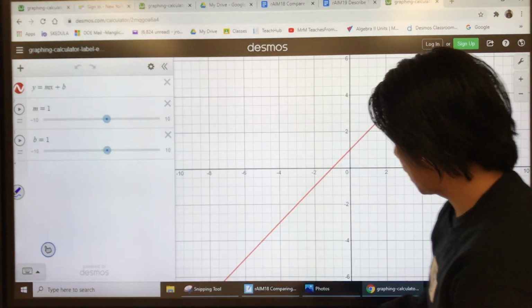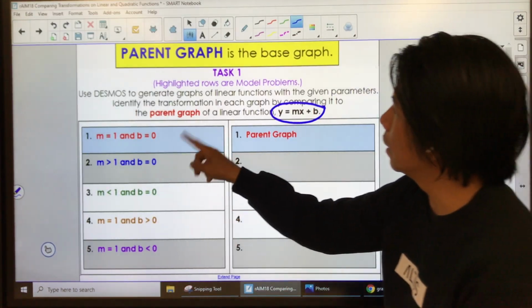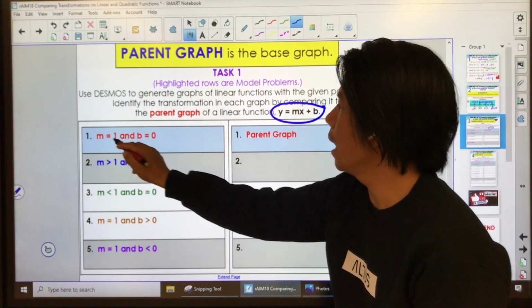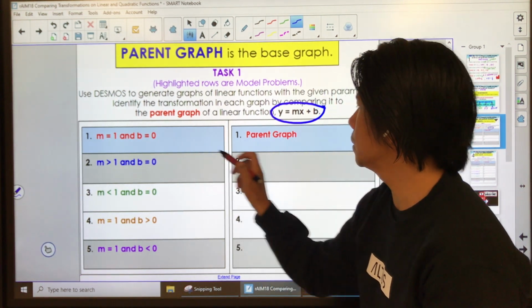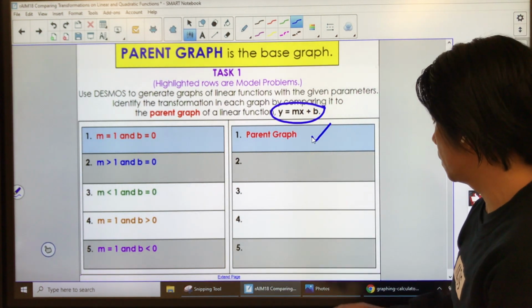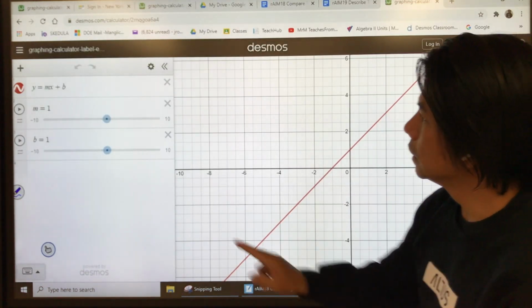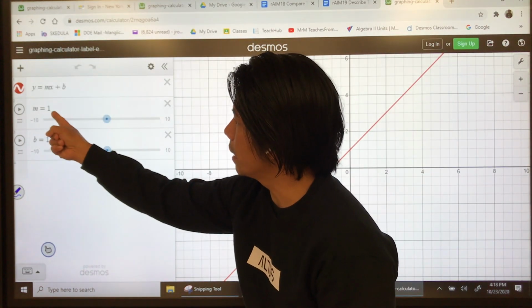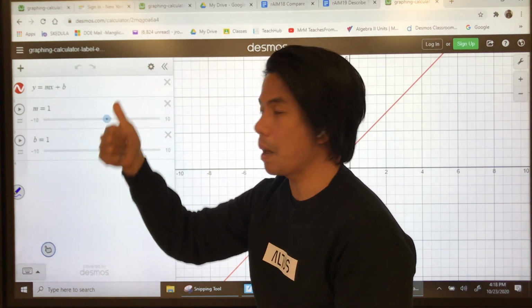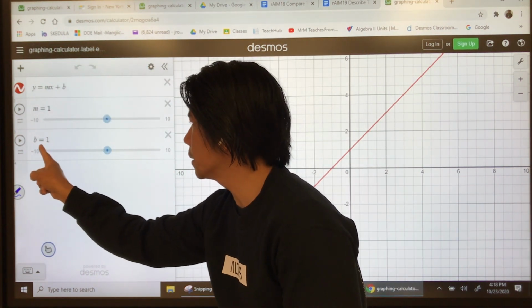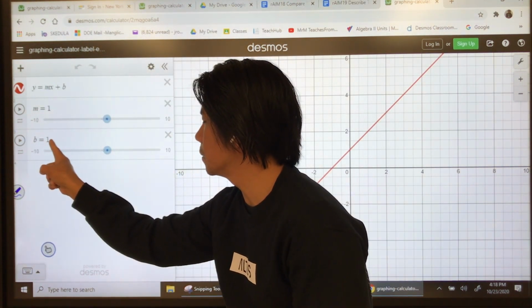Now, again, going back to our parameter, m is equal to 1, b is equal to 0, and that is called the parent graph. So m is equal to 1 right now, so we're good with the first parameter. The second parameter says b is equal to 0, right?